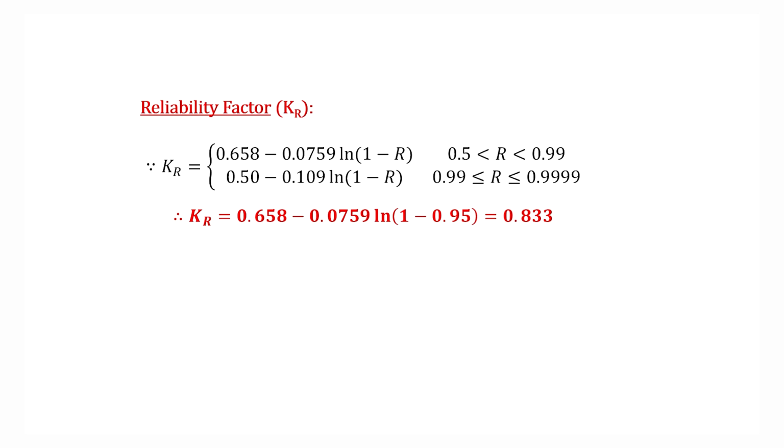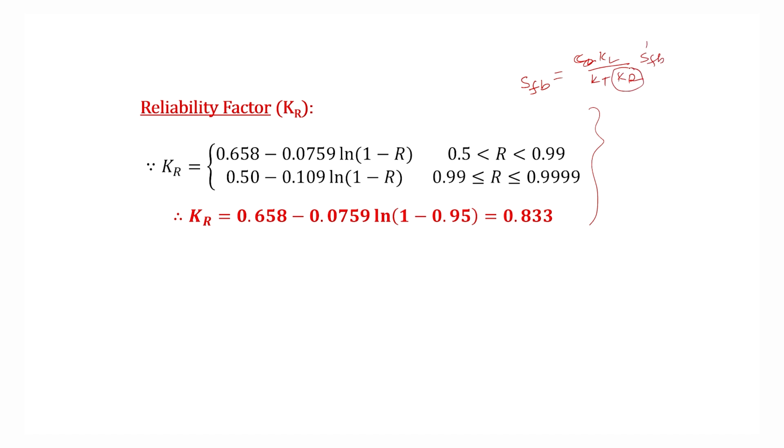The reliability factor is determined in the equation of SFB, which is equal to CL or simply KL divided by KT and KR, times SFB dash.